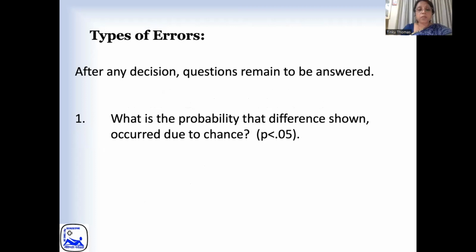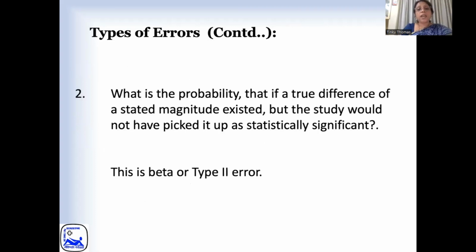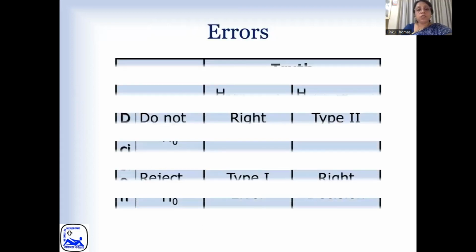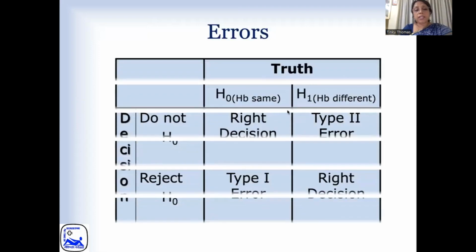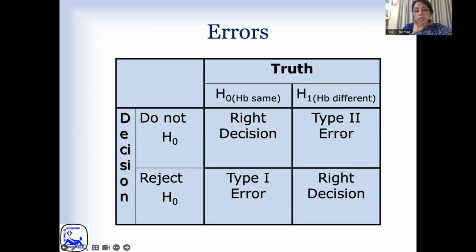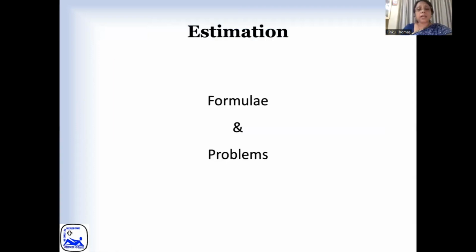We have to keep the type 1 error minimal at p less than 0.05 and the type 2 error also minimal, because we said that we need sufficient power to detect a difference if the difference is there, and the power of the test is nothing but 1 minus the probability of type 2 error expressed as a percentage. So both of these errors have to be kept in mind while calculating sample size.